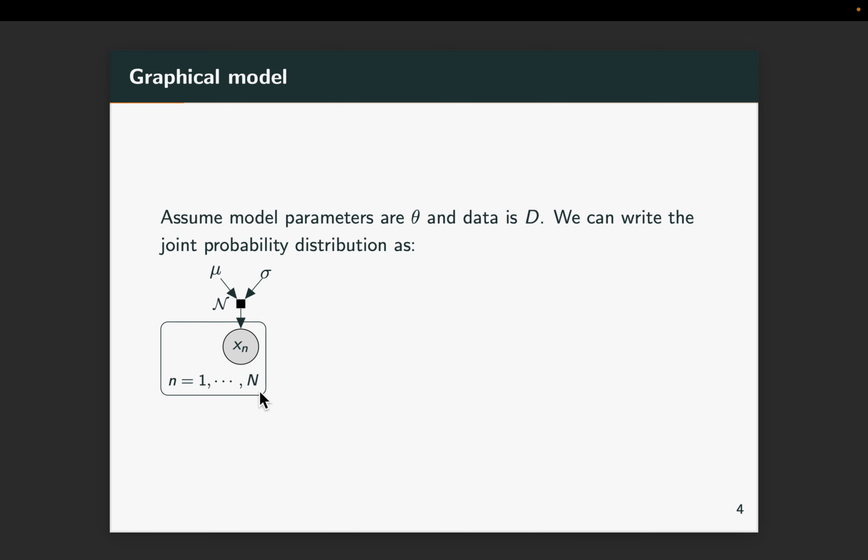So this plate-like object that we see is used to denote independencies as well as repetitions. Sorry, it's better to say they're trying to encode repetitions. You could have expanded x1, x2, x3, x4, x5, all of them are linked to this normal distribution through this mu and sigma.